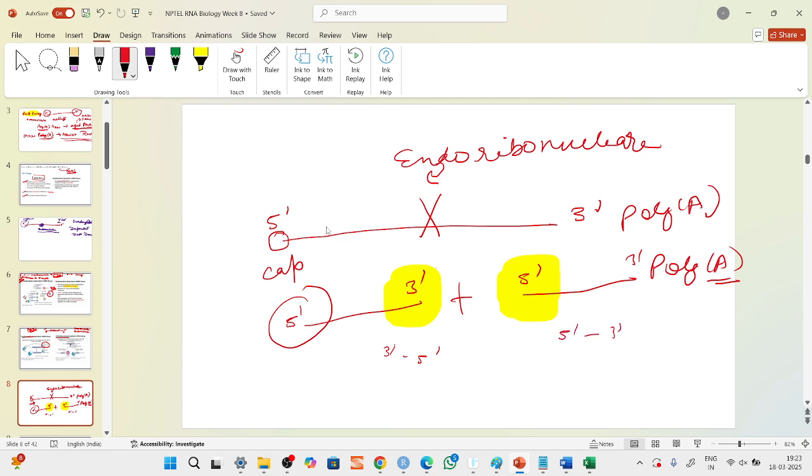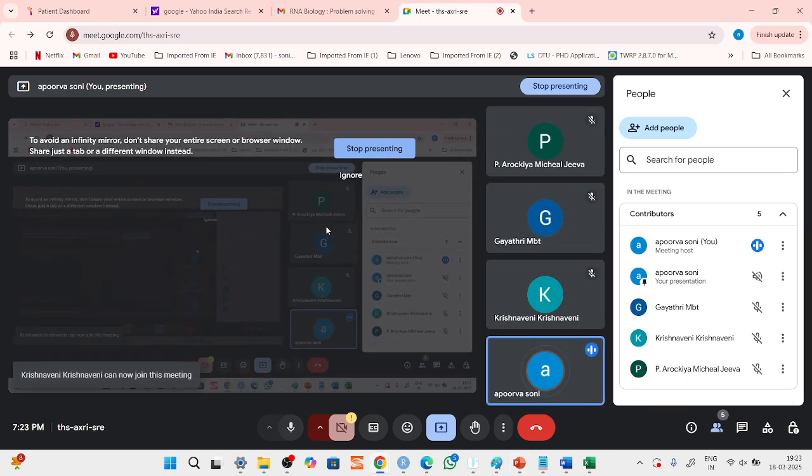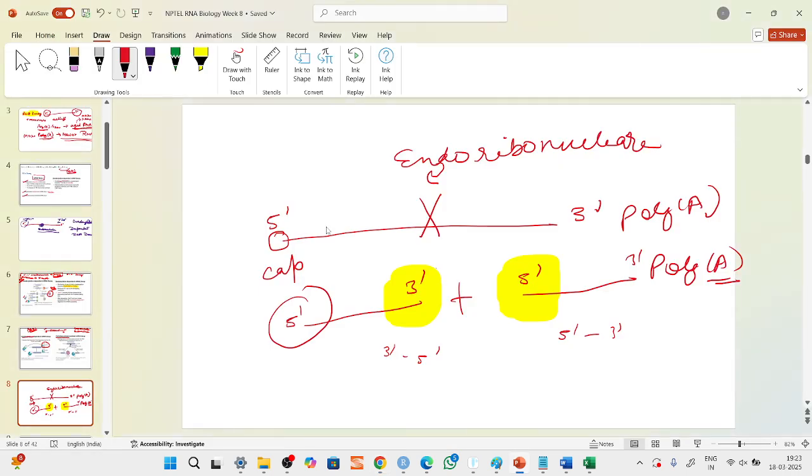How can 3' to 5' decay happen? It can happen because of the activity of exonucleases, which we have just studied. The exonuclease will come and start chopping off from the 3' end. 5' to 3' decay can happen with the help of XRN1, which we have just studied. XRN1 will come and start chopping off from the 5' end.